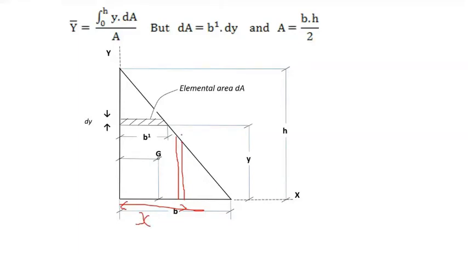The thickness from here to here will be dx. One second. All of you are able to see the screen, right? Yeah, so this thickness will be dx.